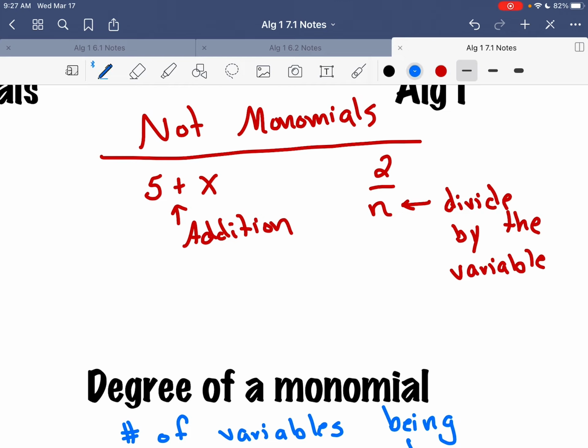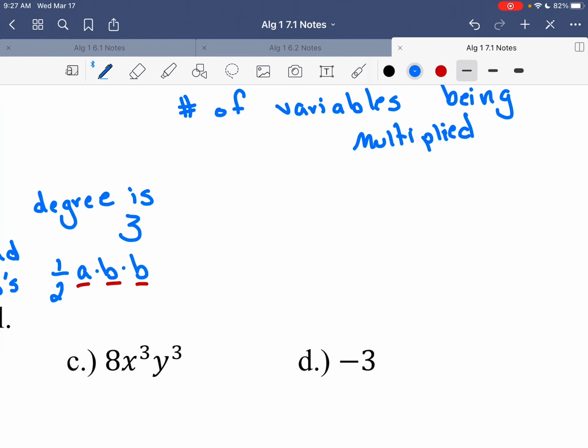Now, if it was the other way around, for example, n over 3, I could rewrite this as 1/3 n. So that one is in fact a monomial with a degree of 1 because there's one single n.